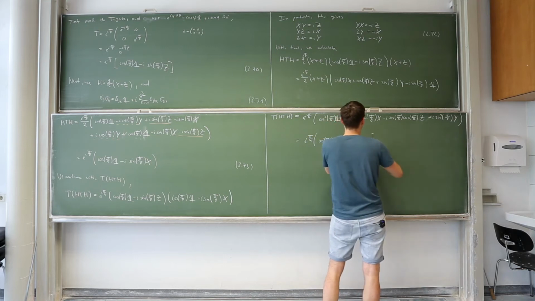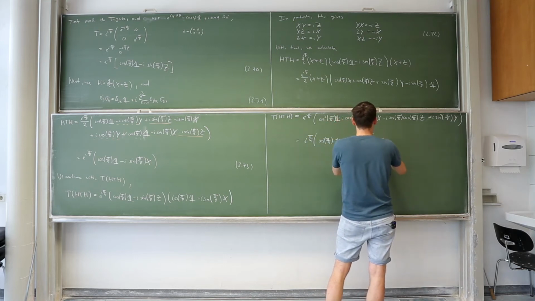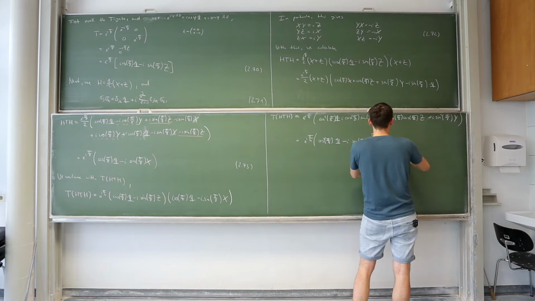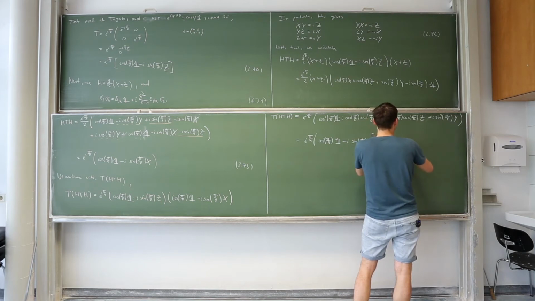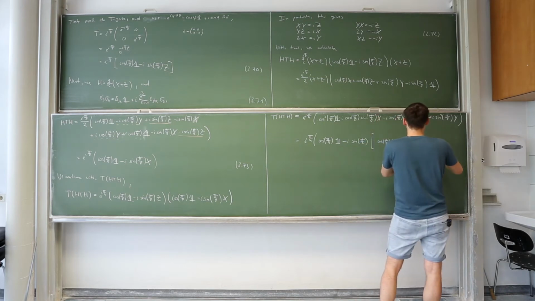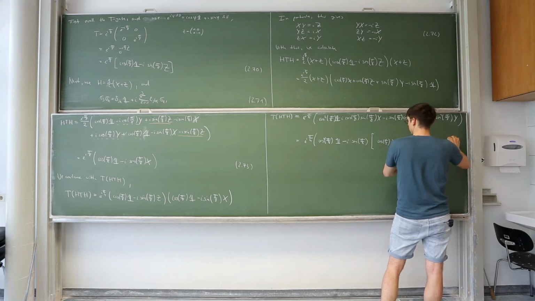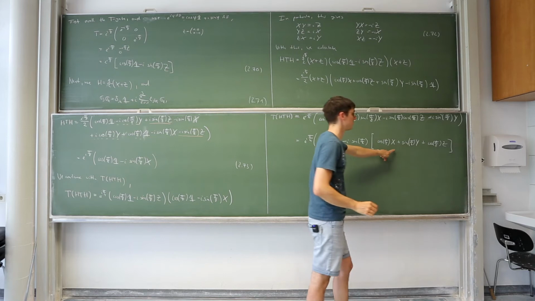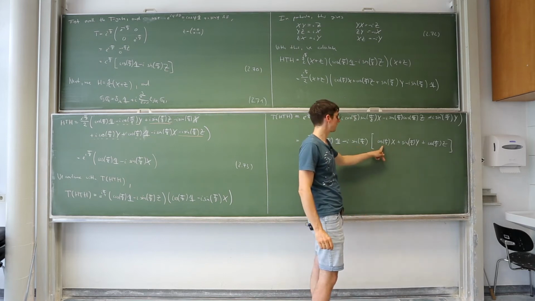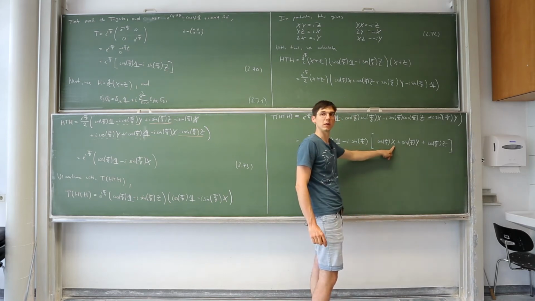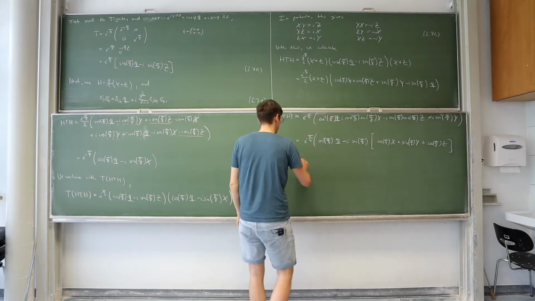And then we have here a cosinus pi over 8 times x plus sinus pi over 8 times y plus cosinus pi over 8 times z. Well, this we can write as a vector times the vector with our Pauli matrices. Okay.